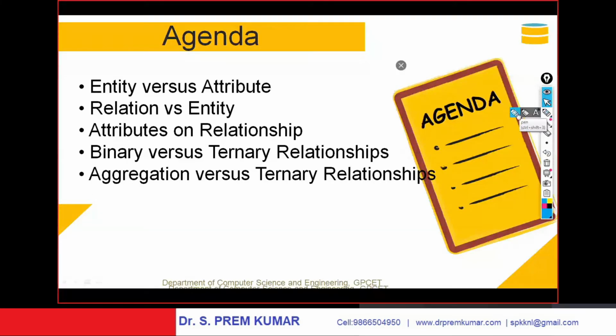In today's class, the expected outcome is these topics: entities versus attributes, relations versus entities, attributes on relationships, binary versus ternary relations, and aggregation versus ternary relationships.